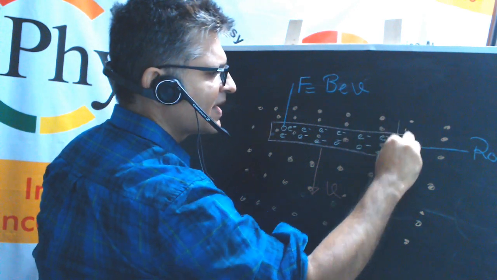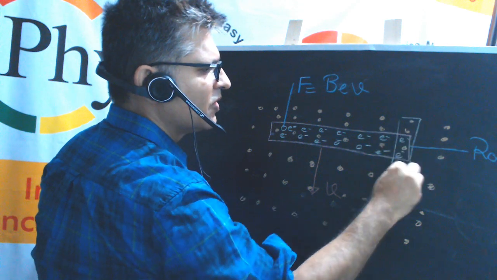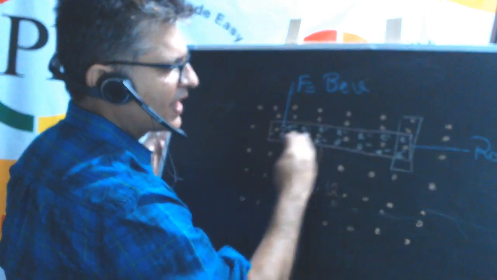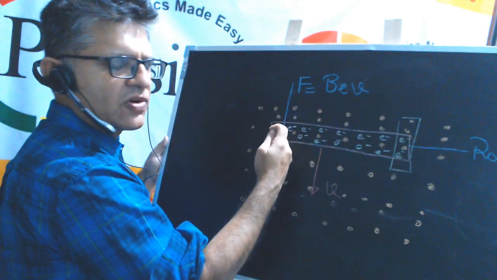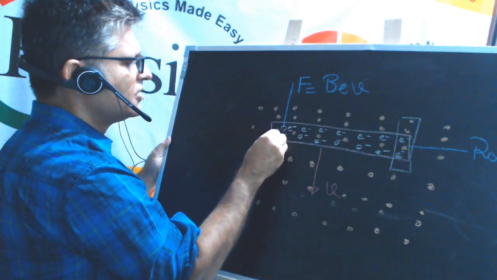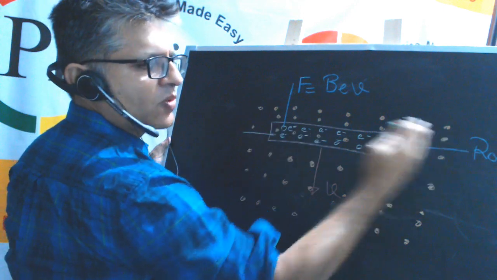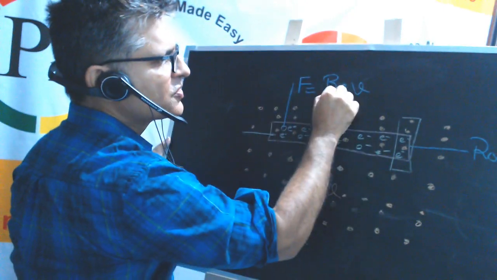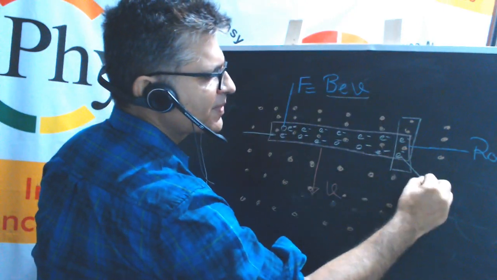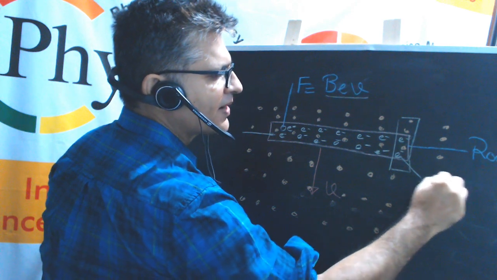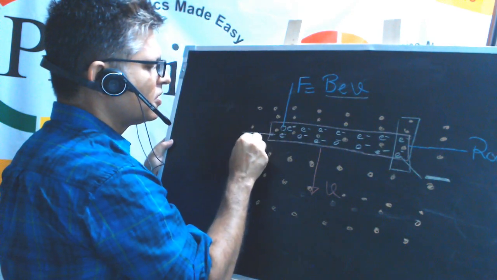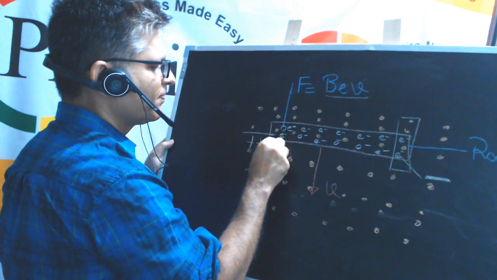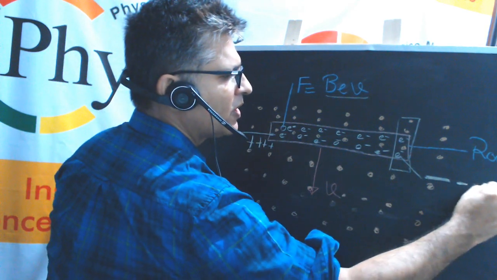This side of the rod gets a lot of electrons, and therefore this side of the rod becomes electron deficient. So the electrons are moving towards the right because of the force BeV. This side is becoming more and more negative, and this side is becoming more and more positive.